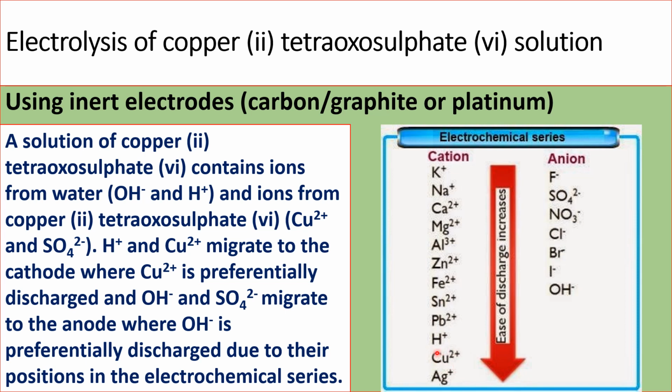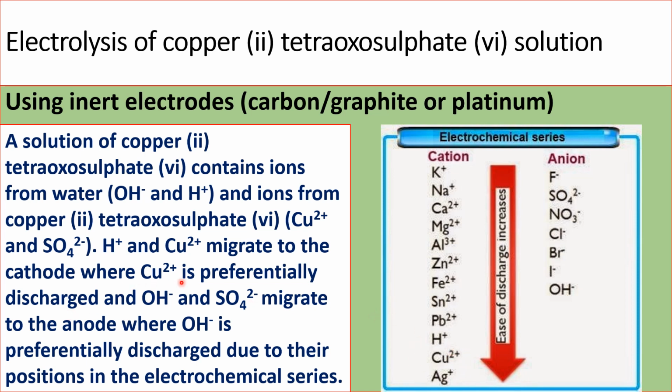You can see the position here. It is lower than hydrogen ion, which means copper(II) ion is less electropositive compared to hydrogen ion. Therefore, copper(II) ion will be discharged at the cathode because of its position in the electrochemical series.